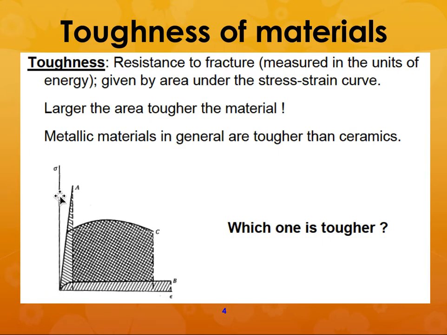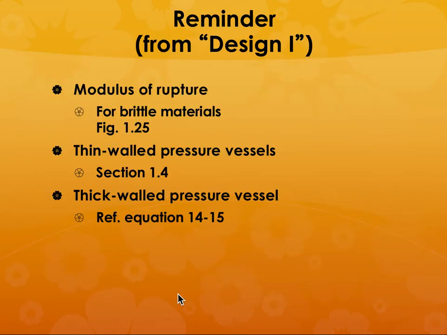If it is a ceramic, you will probably have a stress strain curve equivalent to A, and if you have a rubber type of material, you will have a stress strain curve equal to B. So these are some of the equations that you might be finding.